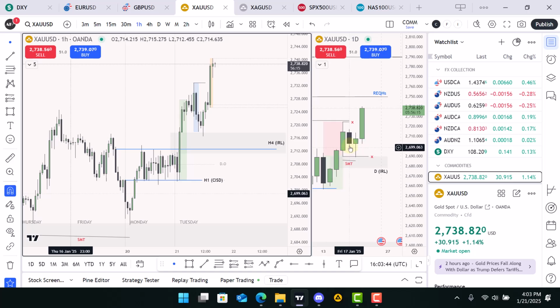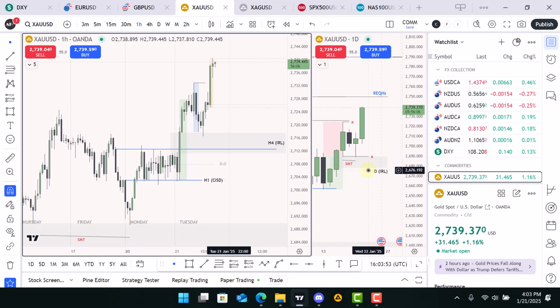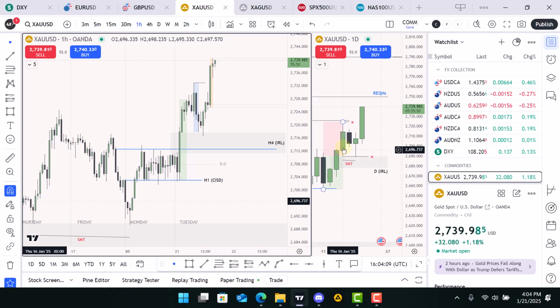You can see that Monday's candle took Friday's low and Thursday's low as well into the daily internal range, then it closed back within it, creating an SMT here with silver. Yes, silver failed to take last week Thursday's low, but took Friday's low, but not Thursday's low. So there was our SMT.